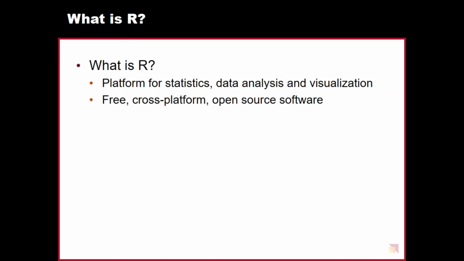Another nice thing about R is that all of it is free and cross-platform, which means that if you're working on Windows, that's great. If you're working on the Mac or Linux, there is a version of R that you can install, and there are very popular tools that you can install and work on any type of platform. So it's really open source software.